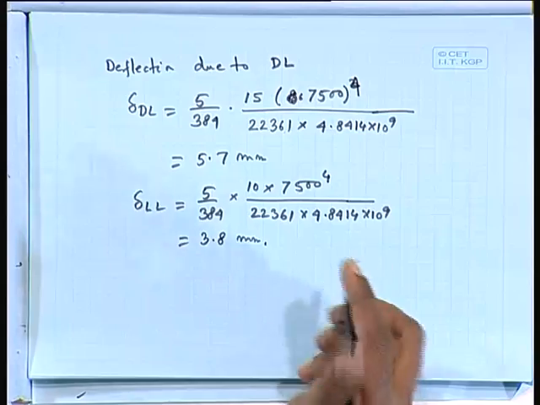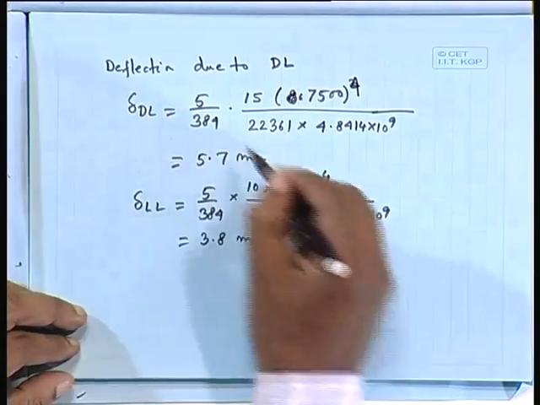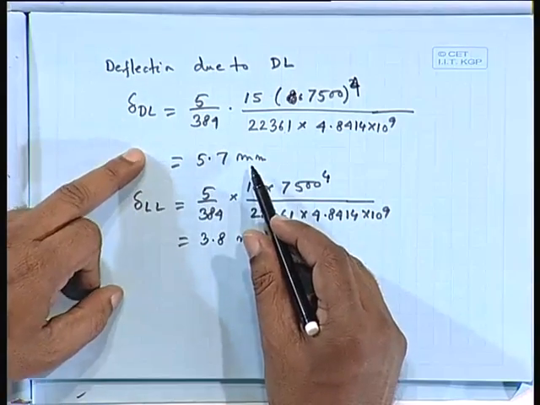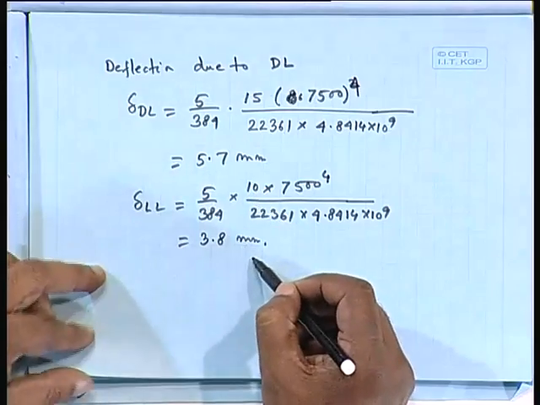Okay. So, this is the deflection we are getting, due to the permanent load, and due to the service load, that live load.